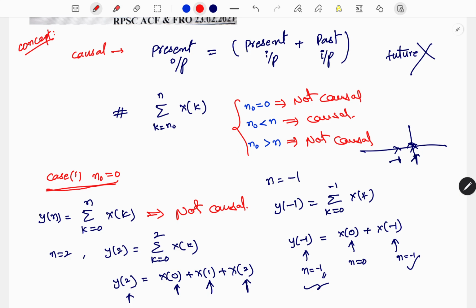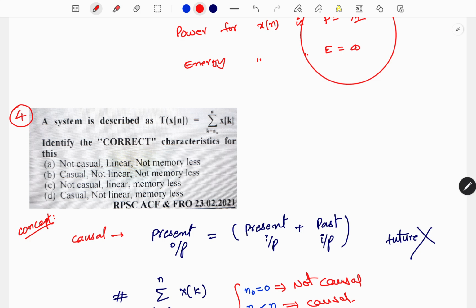So we have decided one characteristic of the signal: it is non-causal. So we are eliminating two options.